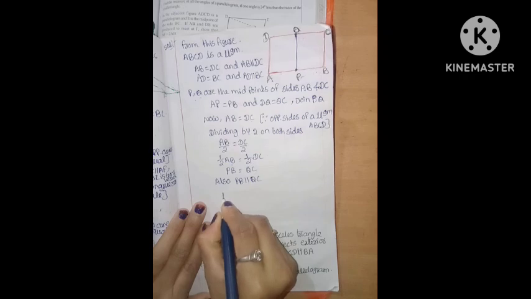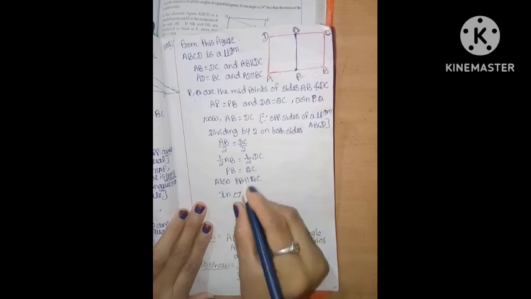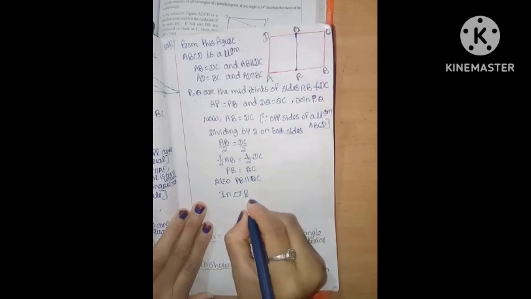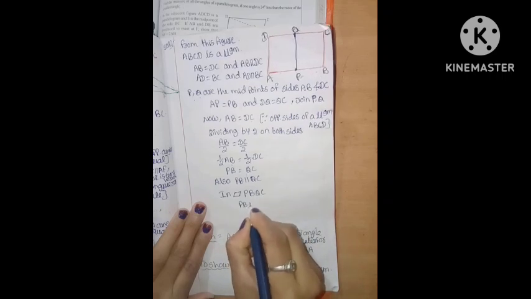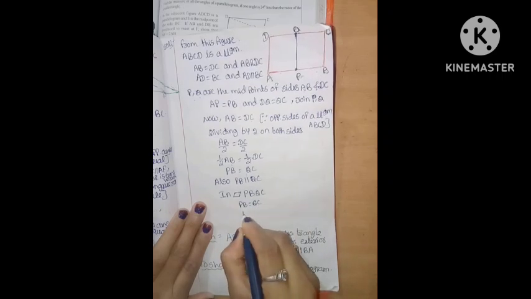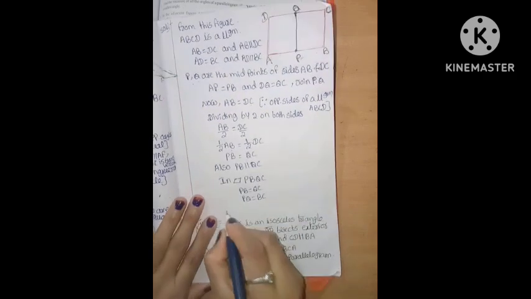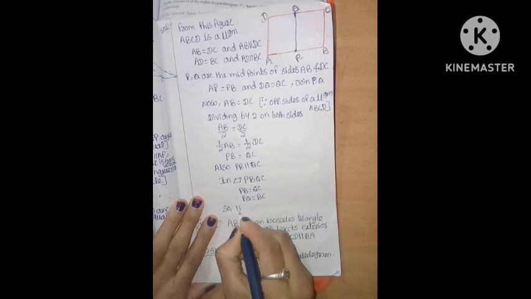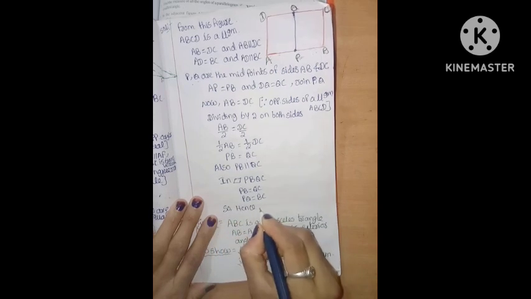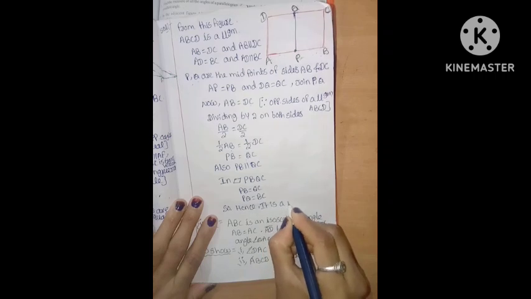So in parallelogram PBQC, otherwise directly also write it. PB is equal to QC and next PQ is equal to BC. So hence it is a parallelogram.